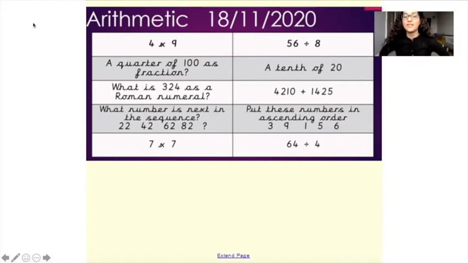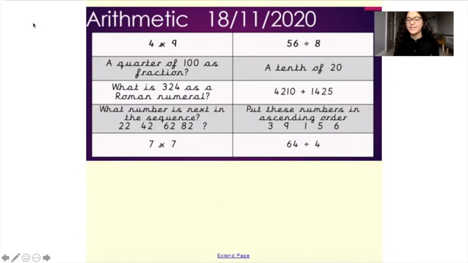So the questions are 4 times 9, a quarter of 100 as a fraction. What is 324 as a Roman numeral? What number is next in the sequence? 22, 42, 62, 82. 7 times 7, 56 divided by 8, a tenth of 20, 4,210 plus 1,425.